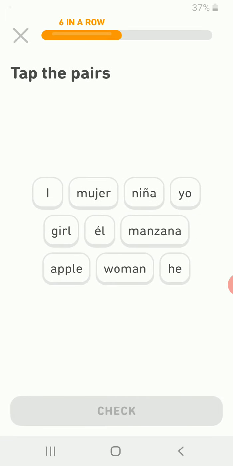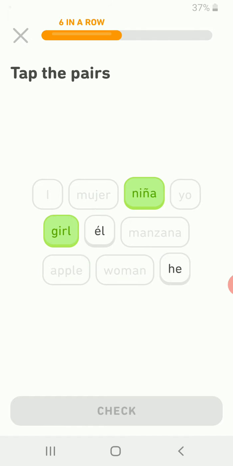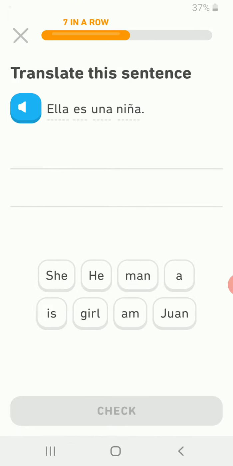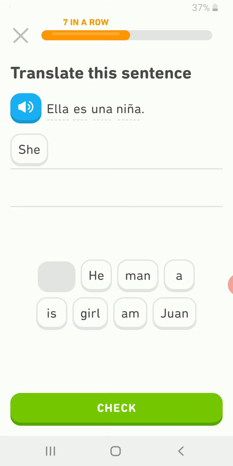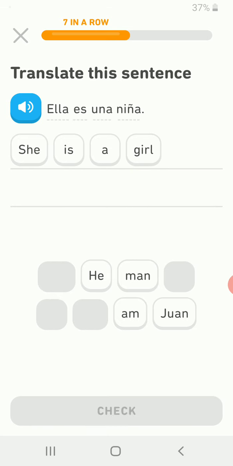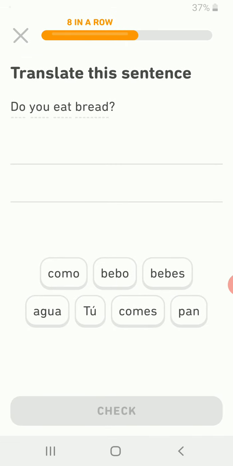So here we have to match the given words. Tap on the pairs. You have to pair them. Yo, mujer. Apple, manzana, niña. Él. Ella es una niña. So if you remember, she is a girl. Do you eat bread?